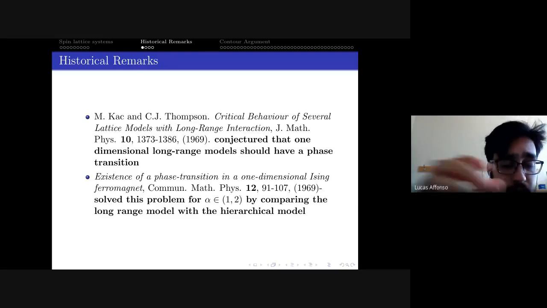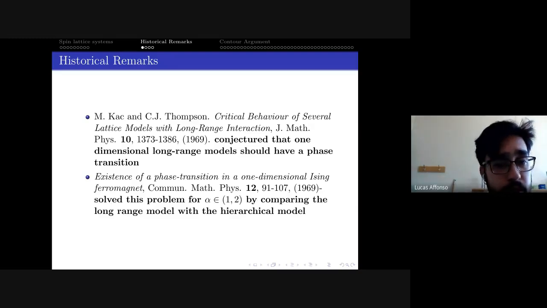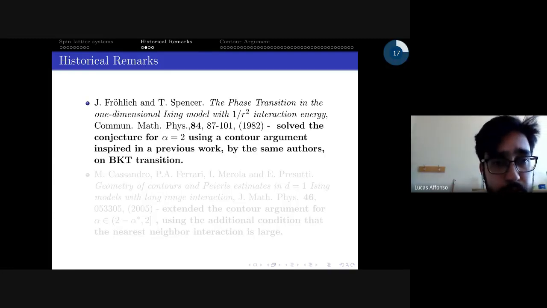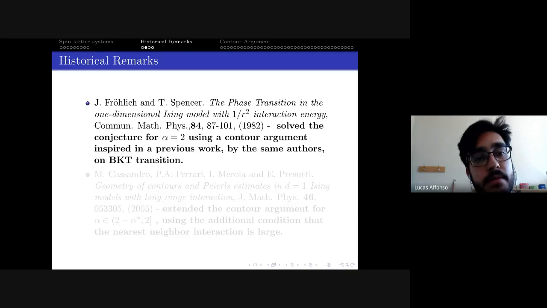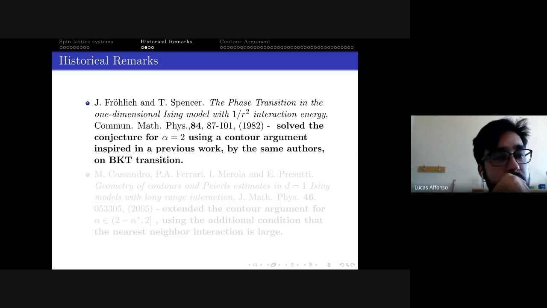And he compared with a model called a hierarchical model. After that, it remained open for the decay alpha equals 2. And it was solved finally by Fröhlich and Spencer, using a contour argument inspired by their previous work on a different problem.